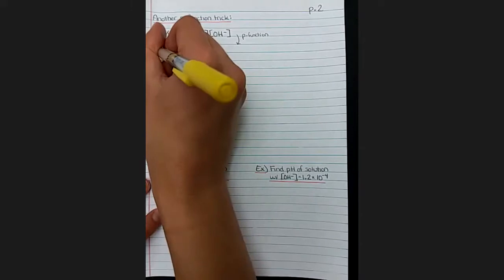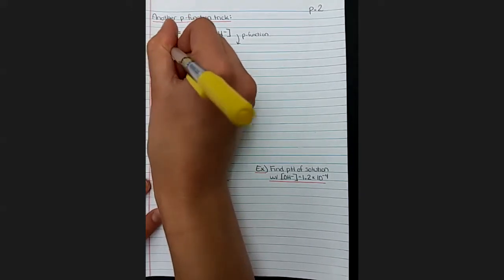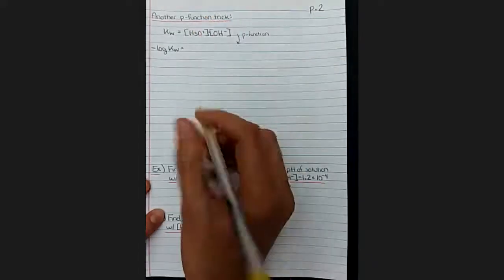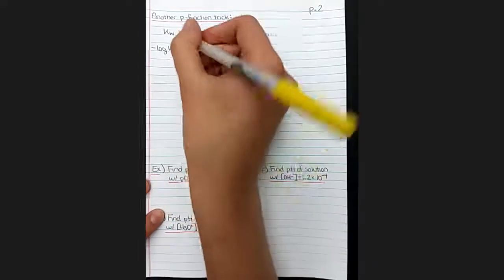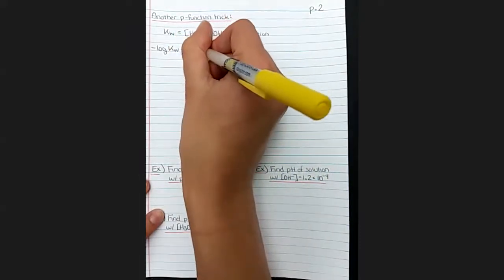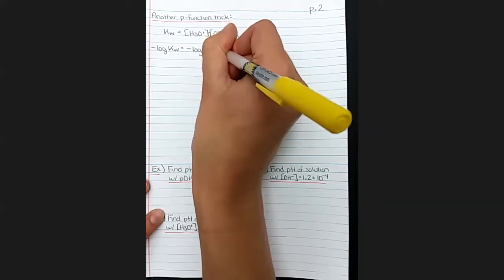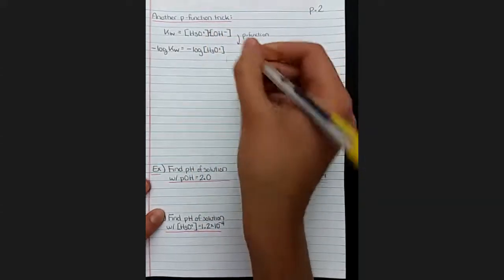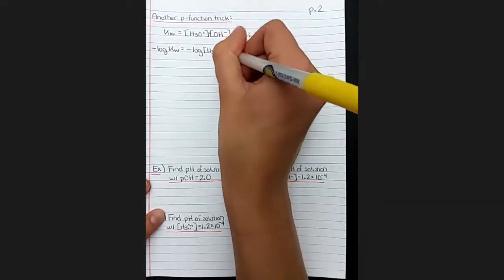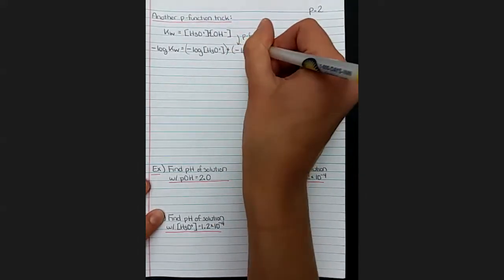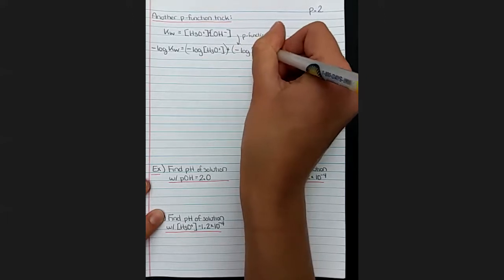So we take the negative log of both sides, the negative log of KW on this side, and when you take the negative log of something that's multiplied, you end up with the log pieces added together. So we have negative log of H3O plus, that term, plus negative log of OH minus on the other side.